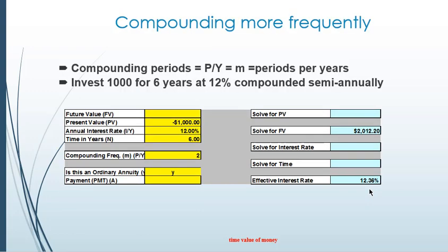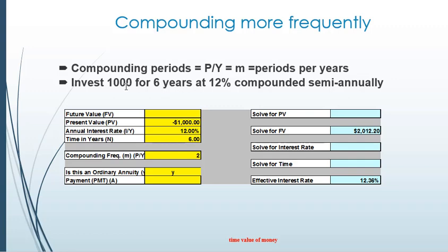As a little bit of a curve to that concept, let's think about compounding frequency. How many times per year is interest calculated? The compounding periods is the variable here, periods per year. I don't know where the M comes from, but in the finance literature, M represents the periods per year.